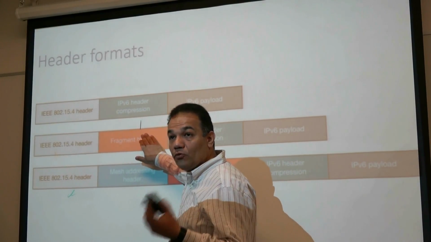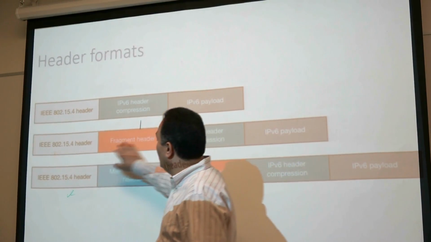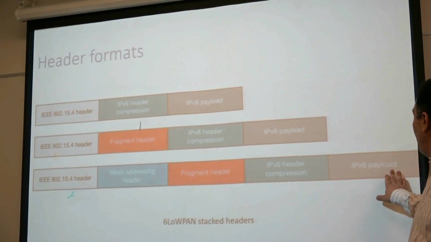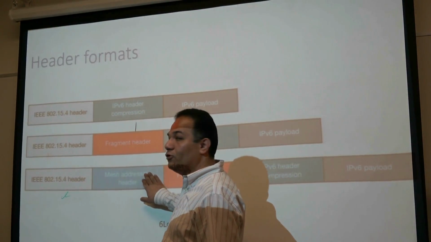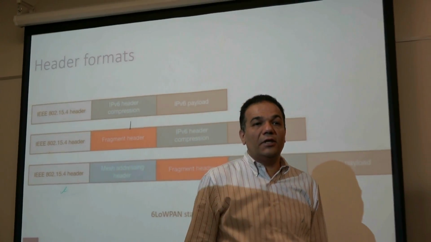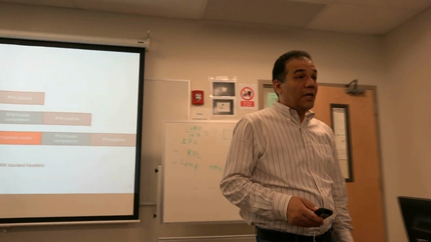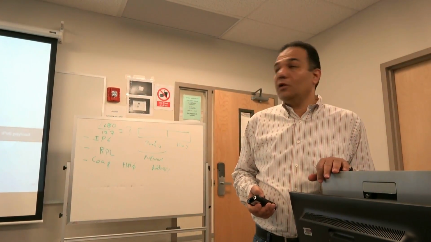That's what we're talking about. We're going to add more data to be able to reassemble, and then the link. Okay? You could have the IP payload, then the header compression, the fragmentation, then the mesh addressing header when the devices are in the same mesh network. Okay? Clear? All right.